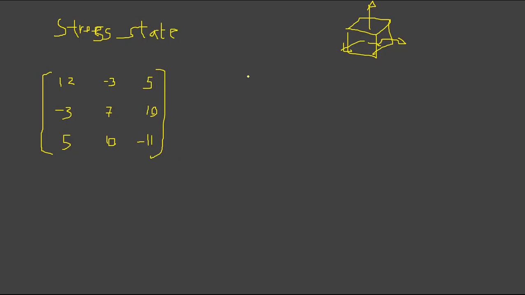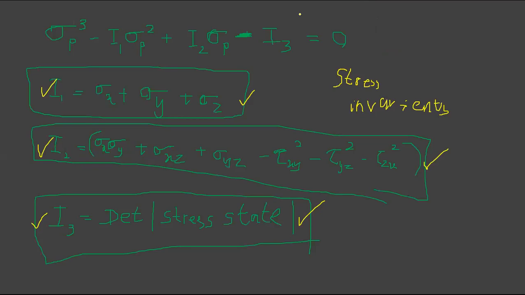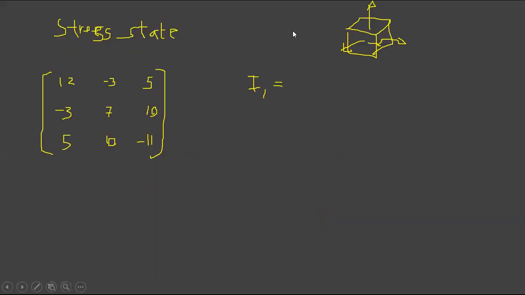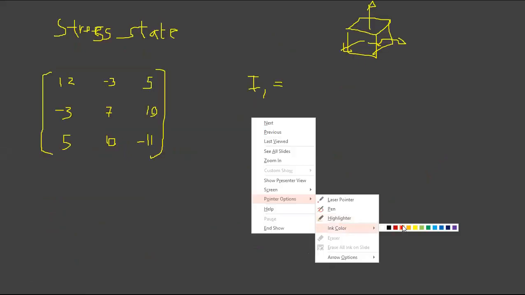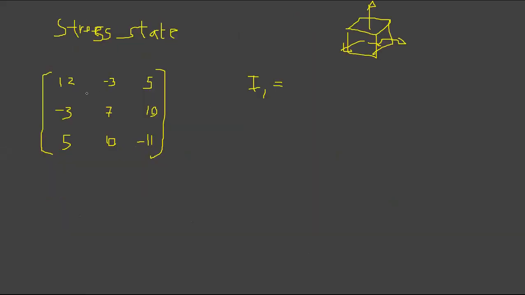So you remember I1, right? I1 is what? I need to erase this matrix. Give me a second. So I1 is sigma x plus sigma y plus sigma z, right?